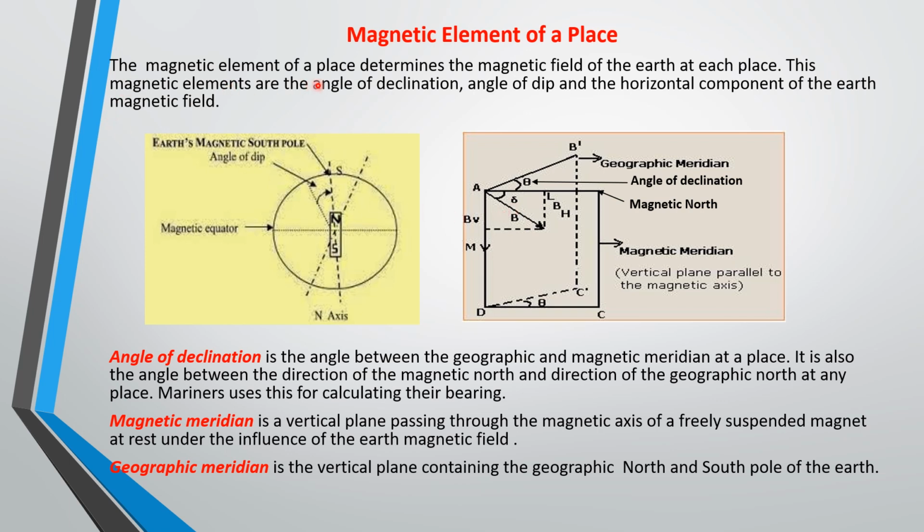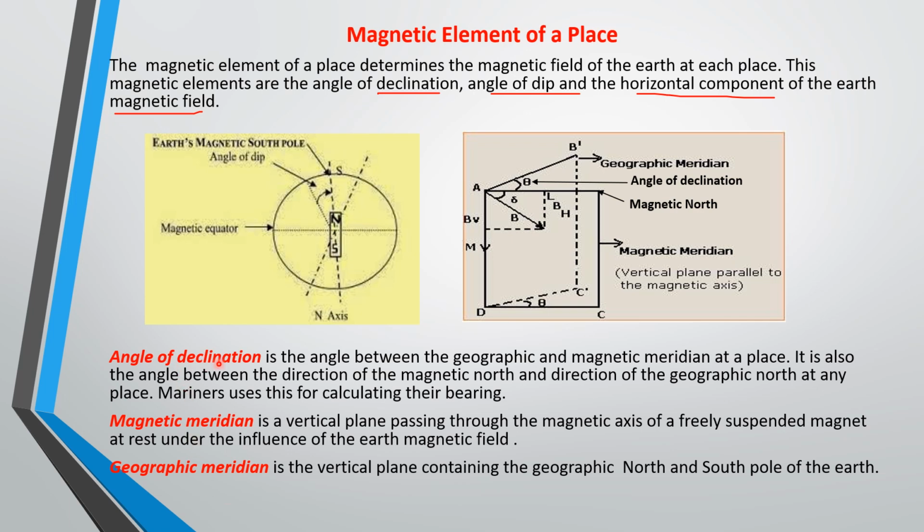The magnetic elements of a place determine the magnetic field of the Earth at each place. These magnetic elements are the angle of declination, the angle of dip, and the horizontal components of the Earth magnetic field.